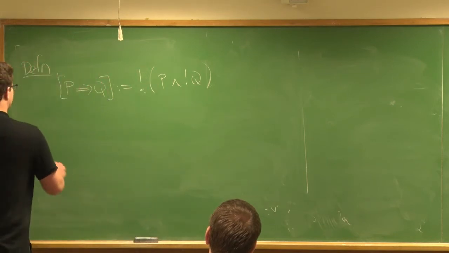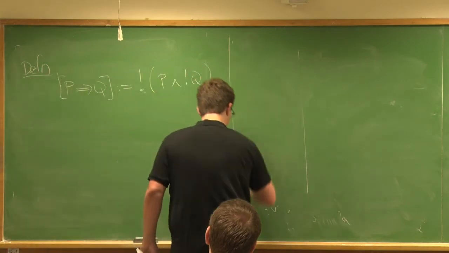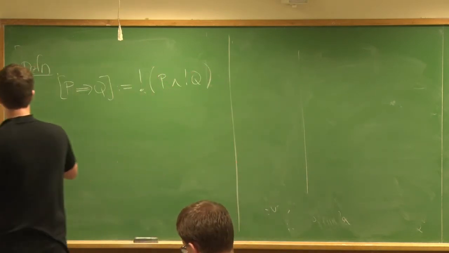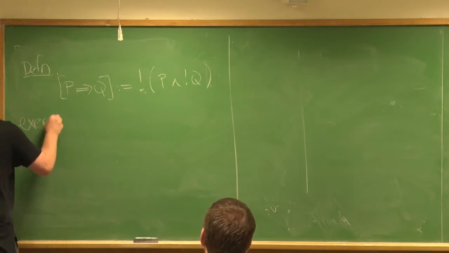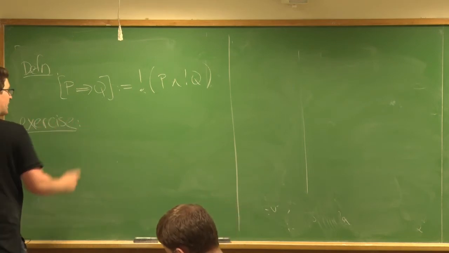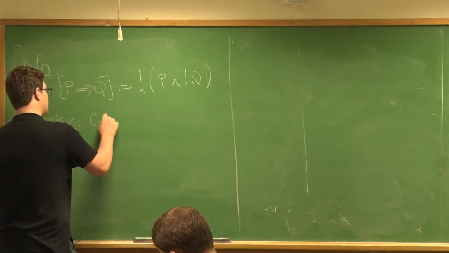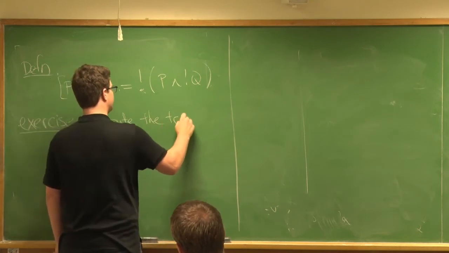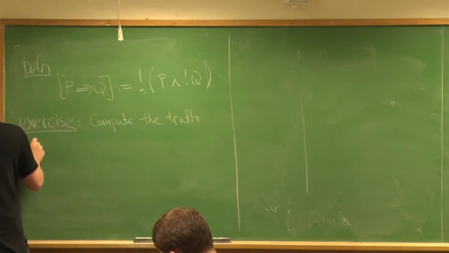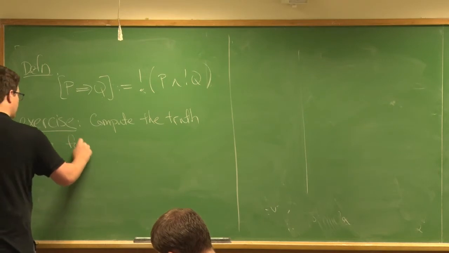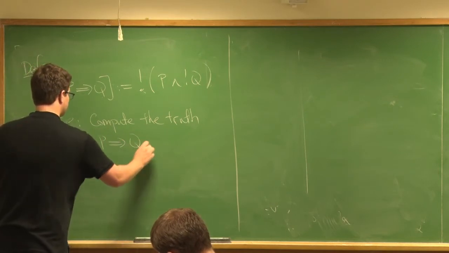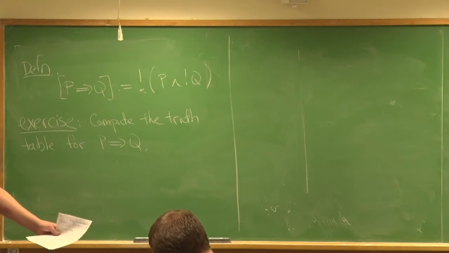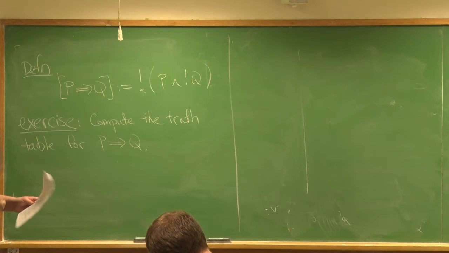So here's a little exercise that we'll do together, okay? I want you guys to do this too. We'll do it at the same time. Okay, let's compute. We'll have a race: the truth table for P implies Q. So you guys take out a piece of paper or do this in your notes, like on scratch work or something, and I'll do it with you, and we'll see who finishes first.